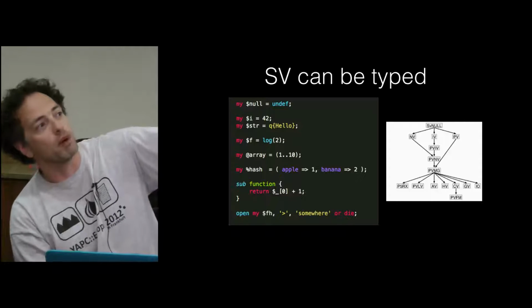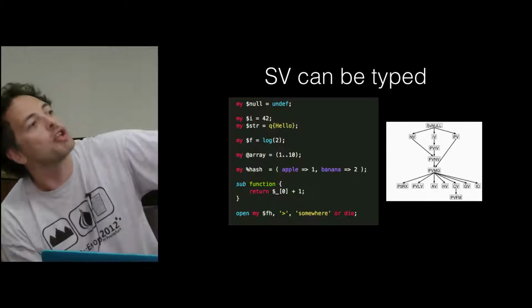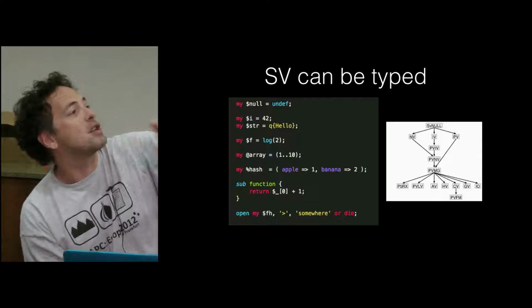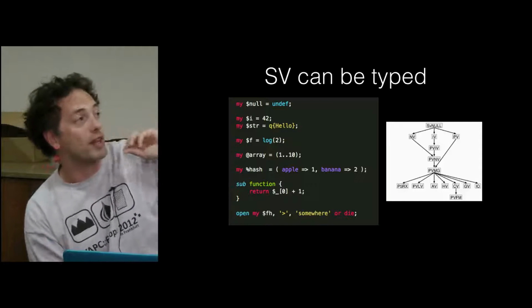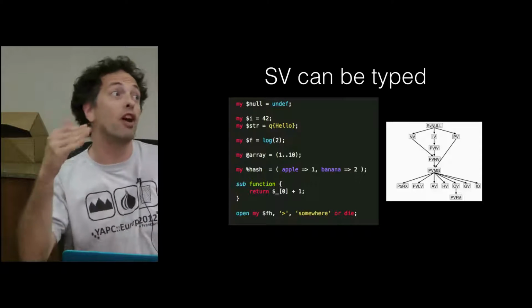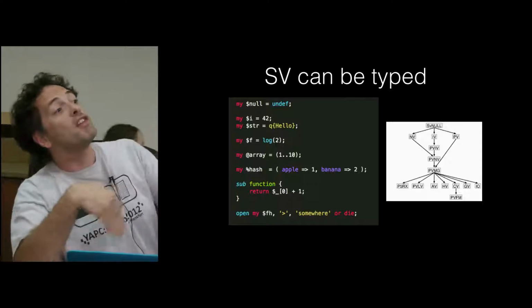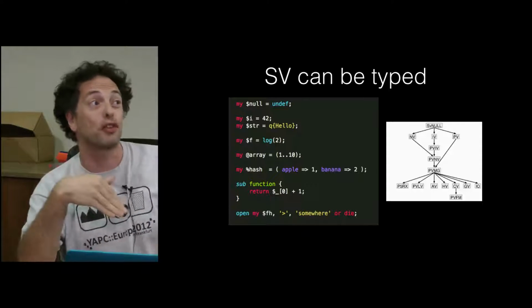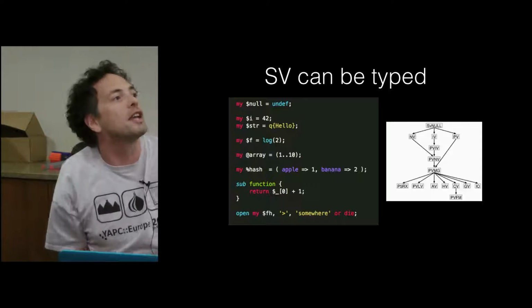So you can start from null, except null is special, but you can start from one IV and upgrade that IV, which is integer value. So $i equal 42 is one IV, and you can upgrade it to a PVIV, which is one IV that's been converted to a string. PV stands for pointer, because S was already used for string, so they needed to use something. So they came with PV.